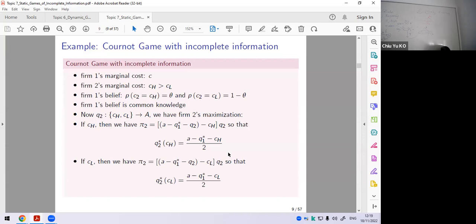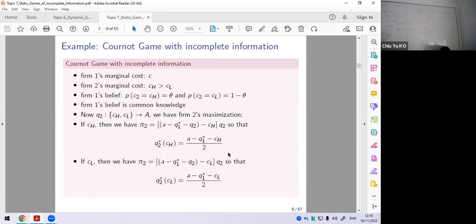If it is high cost, this is his payoff; if low cost, this payoff. The difference is this guy. So what we're going to do is the same: it's a static game, find the best response for each type. You can solve this. This is the best response for the high type, and this is for the low type.